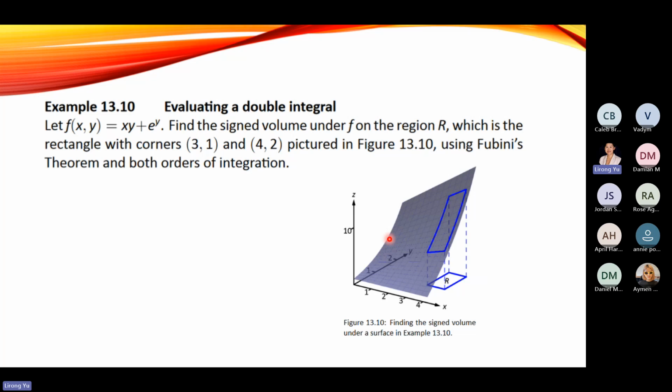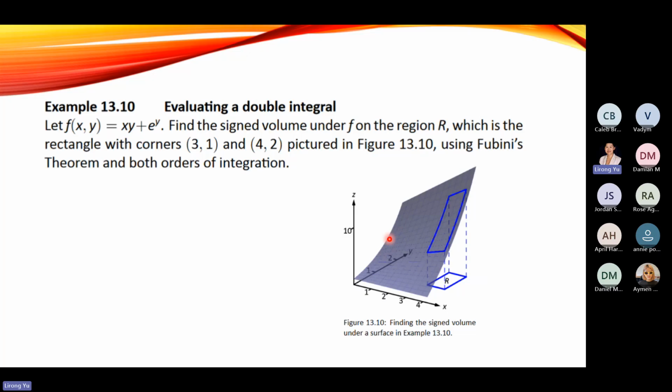All right, let's look at an exercise question about the volume calculation. In this question, we're looking at f of x y as the value, the height. So we're looking at the region below it, but the orientation can be changed. You could be finding the volume to the left of a certain curve, or in front of a certain curve.